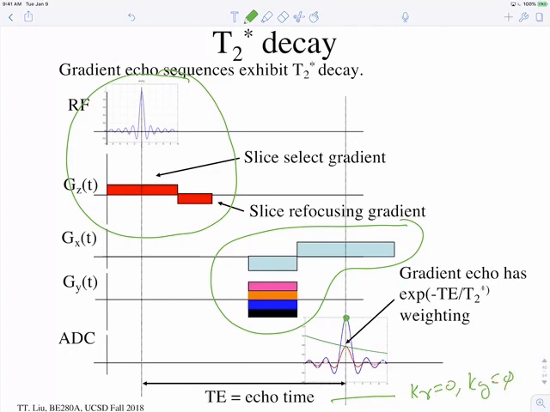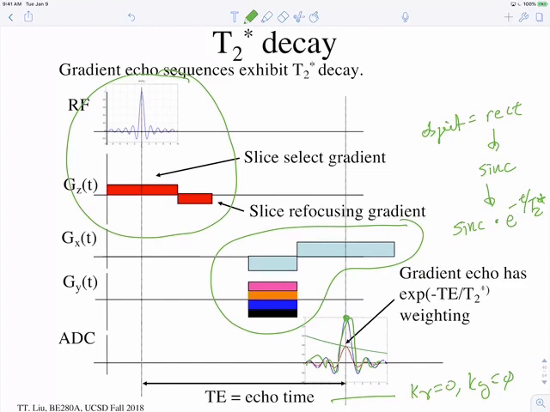Let's say our object was a rect function. Then if we're going through ky equals 0, we would expect to see a sinc function, the Fourier transform of our object. But because of the T2 star weighting, we're going to see a sinc function times e to the minus t over T2 star, which is what is shown here in red.